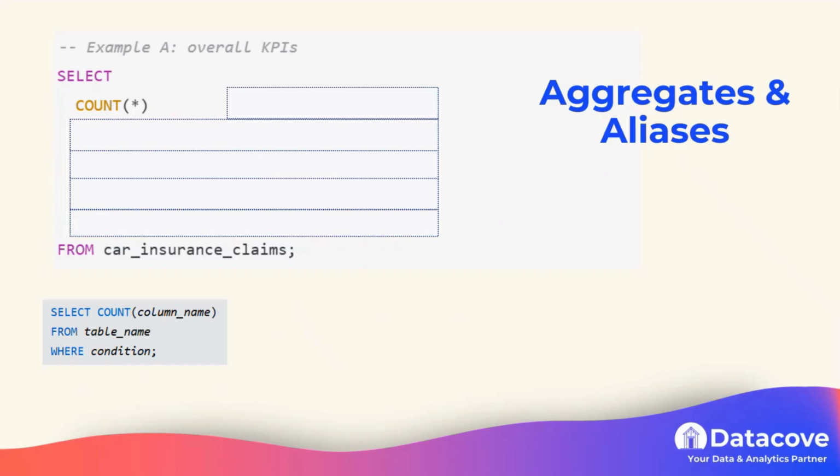Previously I was just selecting everything, whereas instead of select star, what we can do is select count star. When you do that, it'll just give you the number of rows within that. So select count just gives you the number of rows. You still need to say from, and you can put a condition if you like.